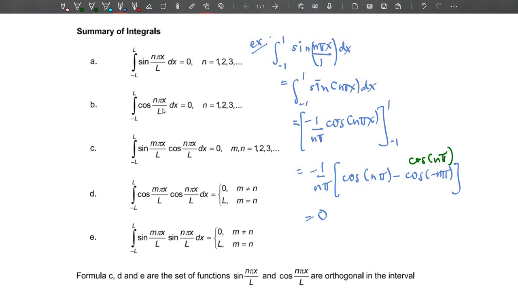The same goes here. If you integrate and substitute the value of any L, you will get the integral of cos n pi x over L from negative L to L with respect to x equal to 0.